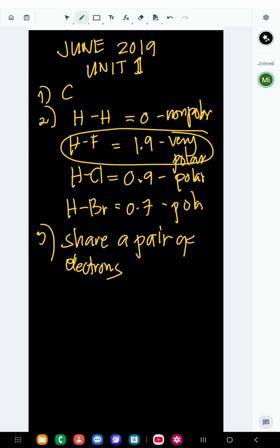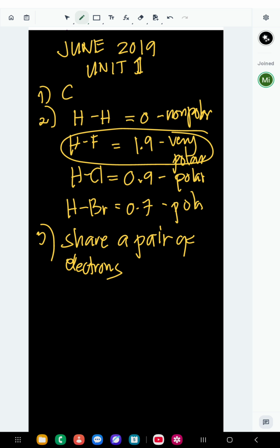So the answer here should be letter D, right? Okay. The answer should be letter D, two nuclei and a shared pair of electrons, because letter C only has a shared pair of electrons, but it doesn't explain the electrostatic attraction that defines the bond.